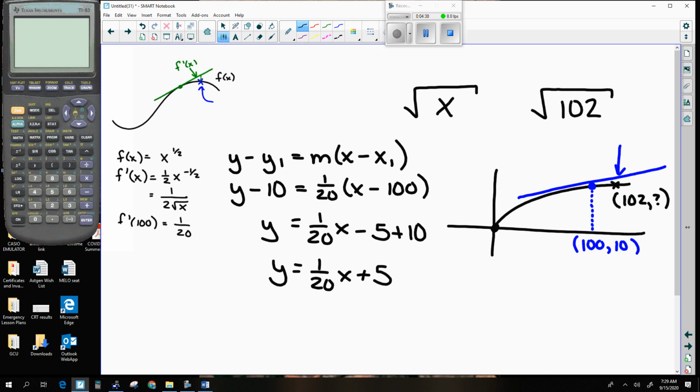So this is my linear approximation right here.